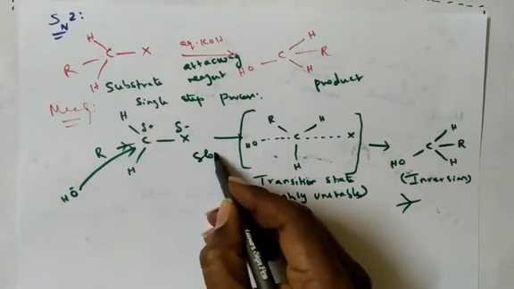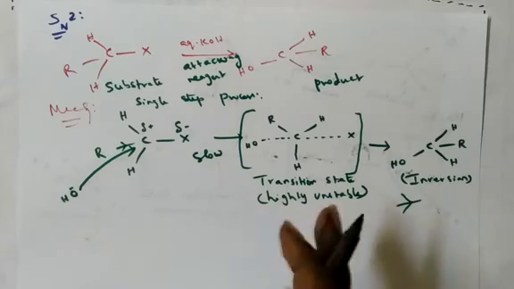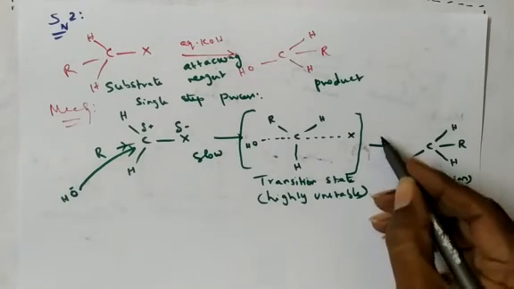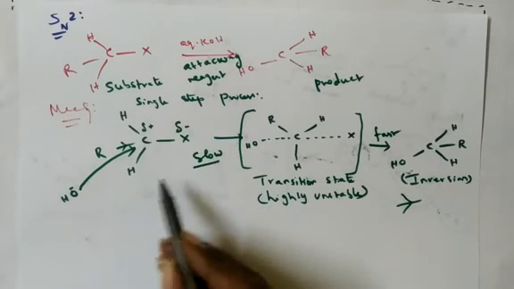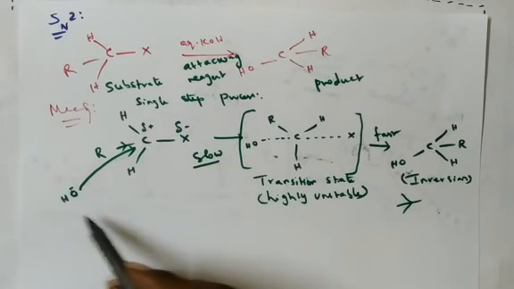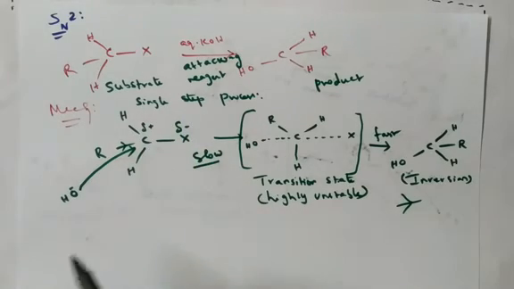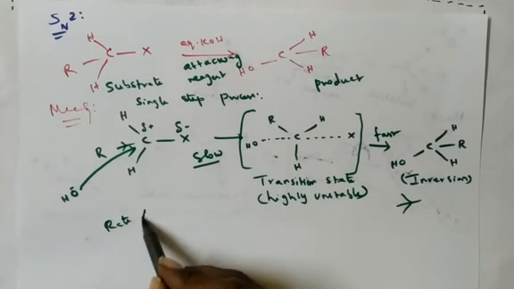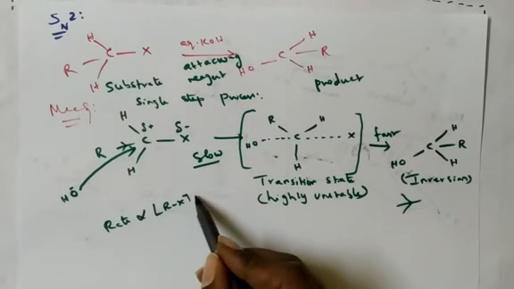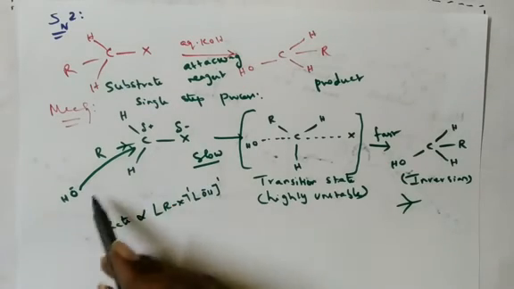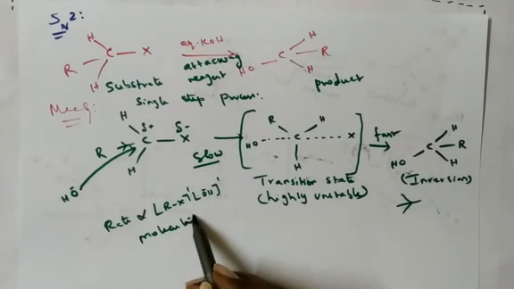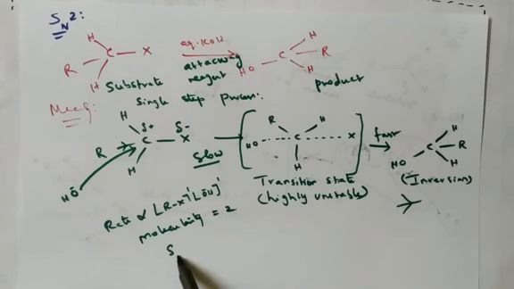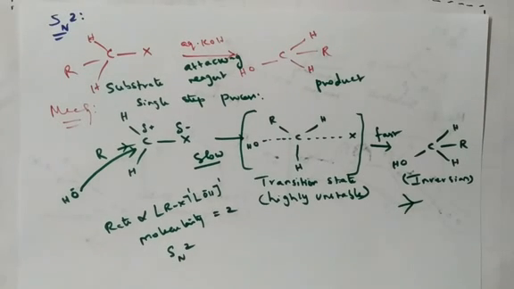Let us consider it as a slow step; we are not considering it as a two-step process, but this is the slow process and this is the fast one. In this slow step, how many reactant molecules are involved? Both the alkyl halide and the nucleophile are involved. Rate is proportional to both alkyl halide and nucleophile. One alkyl halide and one nucleophile are involved. Therefore, the molecularity is 2. Therefore, it is an SN2 reaction. Thank you.